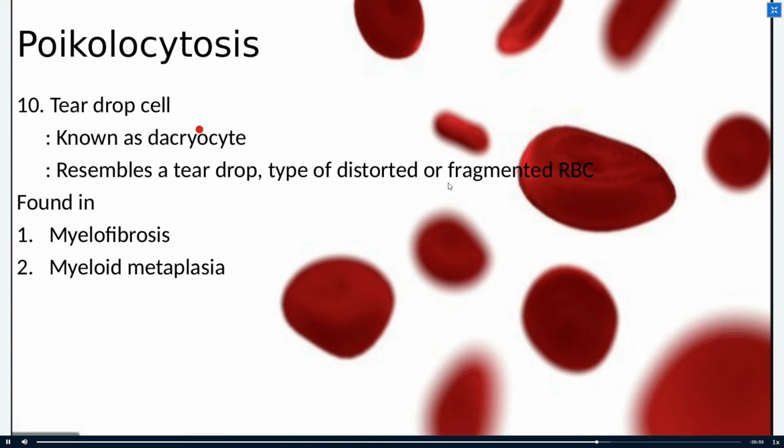Okay. We now have your teardrop cell. This is also known as your macrocycle. It resembles a teardrop and is a type of distorted or fragmented cell. This is often seen in myelofibrosis.